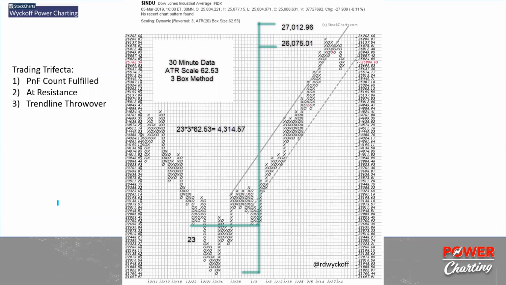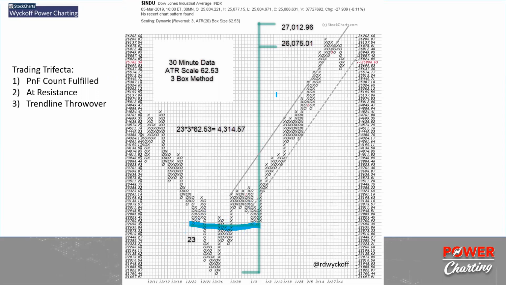Here you can see that there is accumulation taking place on this 30-minute chart, which right here, this accumulation formed very quickly and produced a whopping 4,000 Dow points of count in a very short period of time from around December 20th and up into January 3rd, 4th, somewhere in that area.